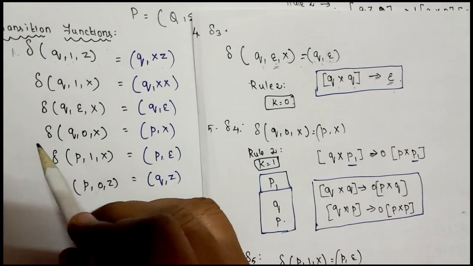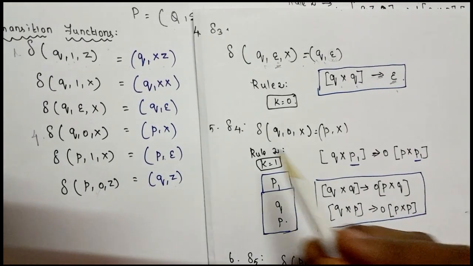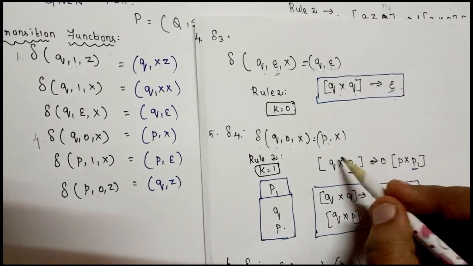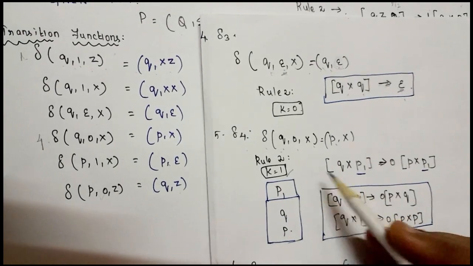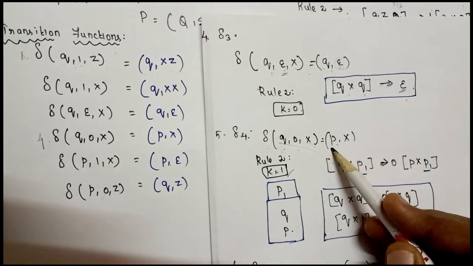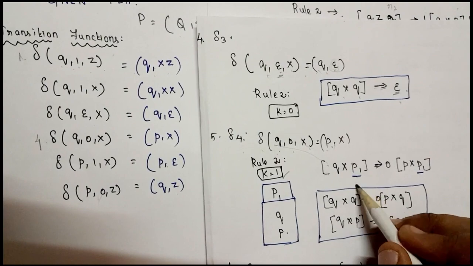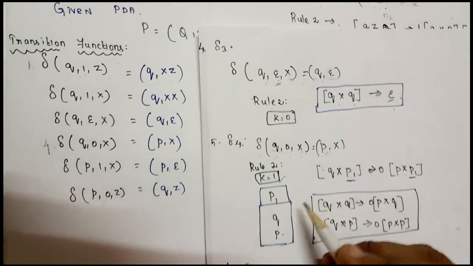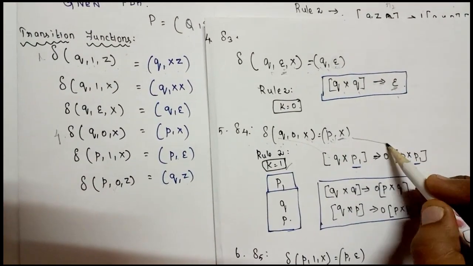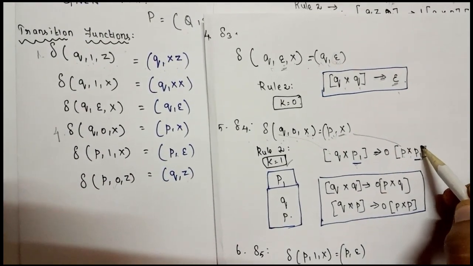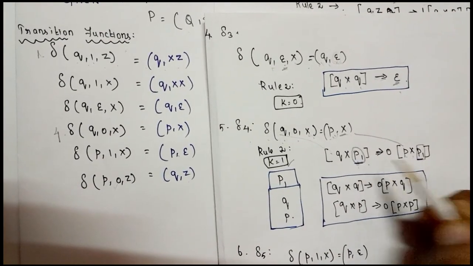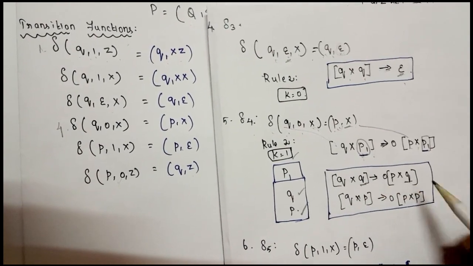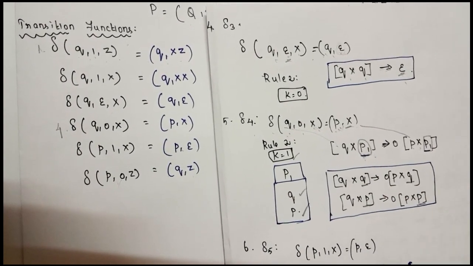Now let's take the fourth transition function. Del of Q comma 0 comma X equal to P comma X. That means here K is equal to 1. So Q, X and the destination state will be copied here, and this stack symbol is copied here, and here we have to substitute all the states of Q. As we have two states, let's substitute Q for the first production and P for the second production.